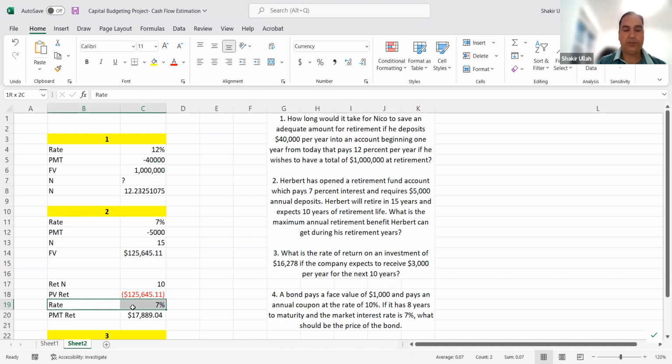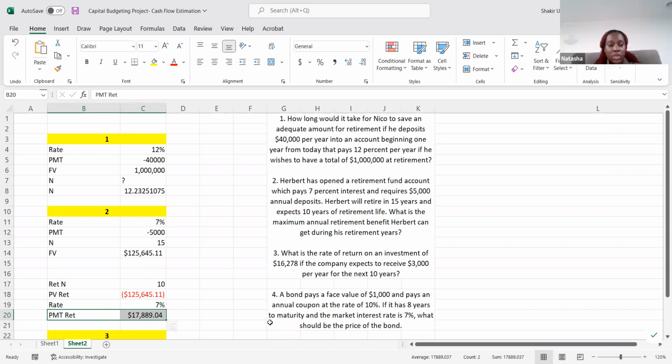Again, we continue to receive a 7% interest rate. So that rate doesn't change. If it says you will deposit it at a different rate, then that will be a different story. Now the question is, what will be our annual payment that we receive for 10 years, for the 10 years of our retirement life?